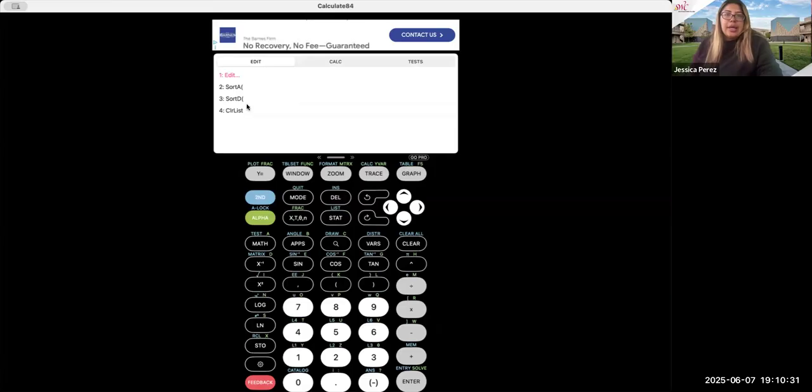One of the things you can do is input your stats and then select edit. You can remove L1 and L2: you're going to select delete. All you're going to use is L1 because you have data of one value.